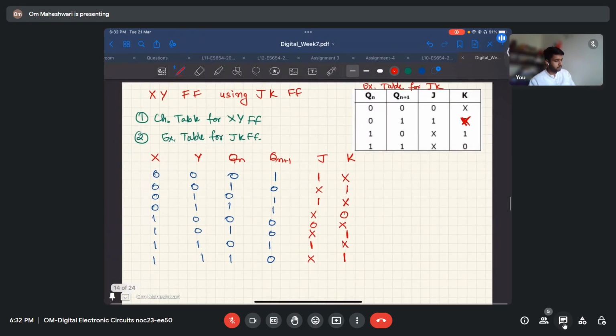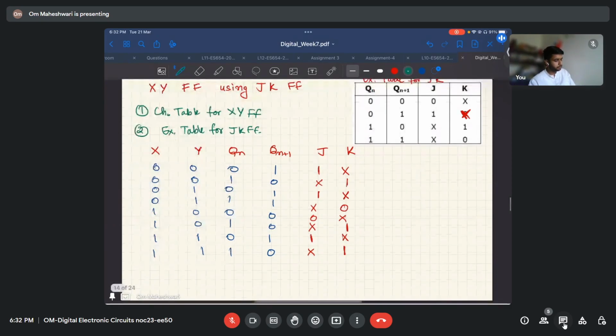Now what we can do is make a truth table again. Sorry, not truth table. We can make a K map.